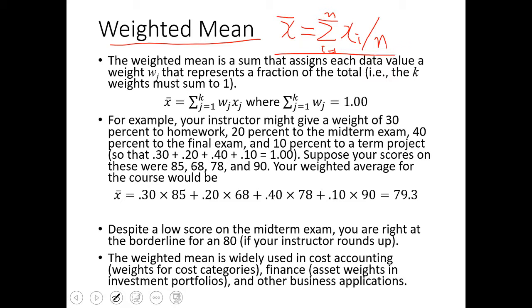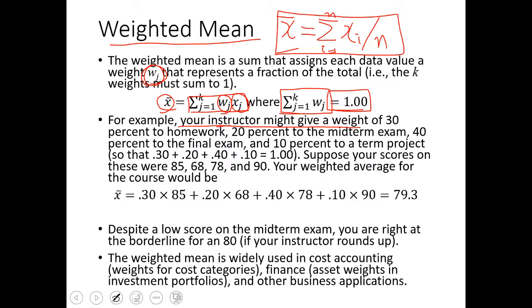So instead of using this sample mean, we use the weight vector, multiply weights times samples and sum them together, and then that is the weighted mean. In this case, the sum of weights should be exactly 1. So this weighted mean is used for your grading.